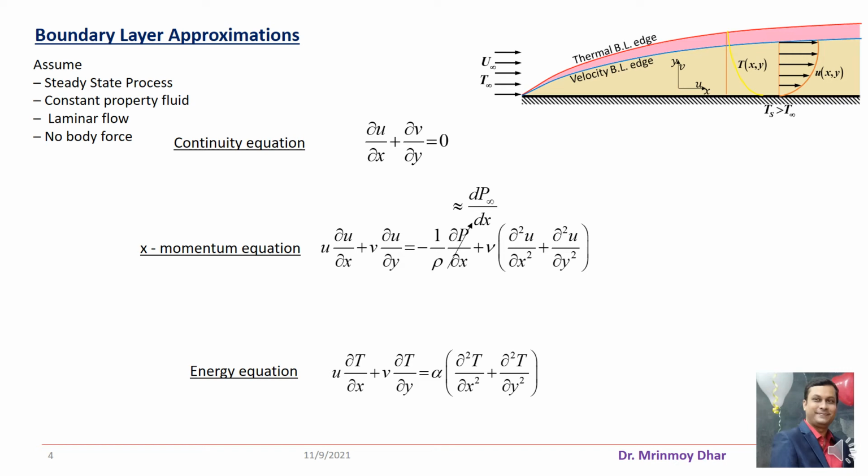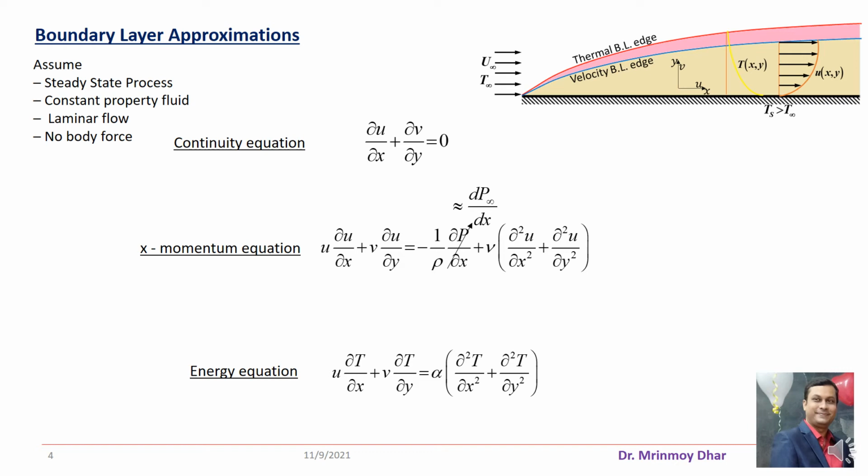The boundary layer thickness is assumed to be so small that whatever pressure gradient is felt inside the boundary layer is equal to the pressure gradient outside the boundary layer. These approximations are made because the boundary layer thickness is small.